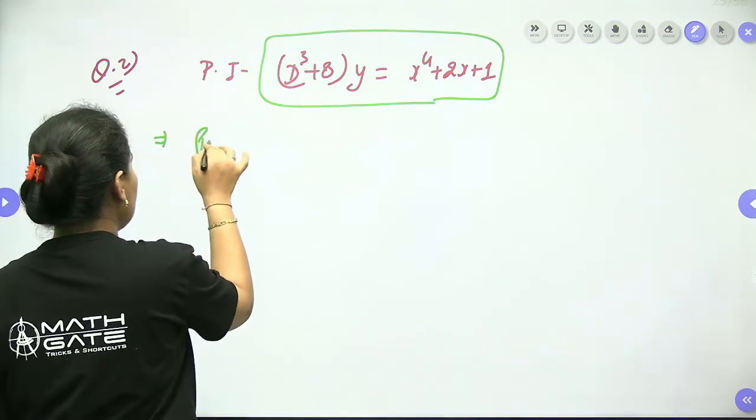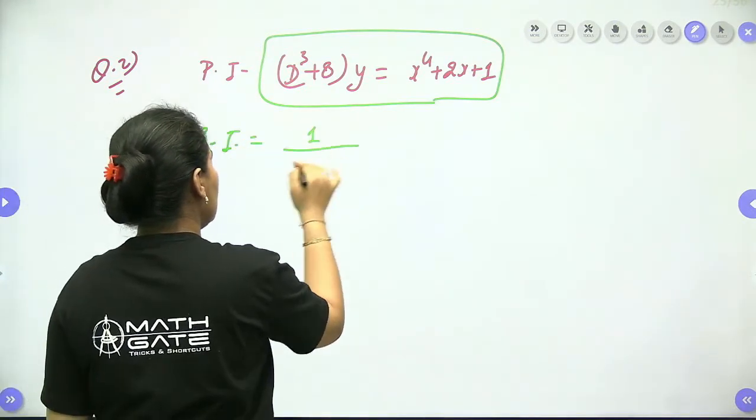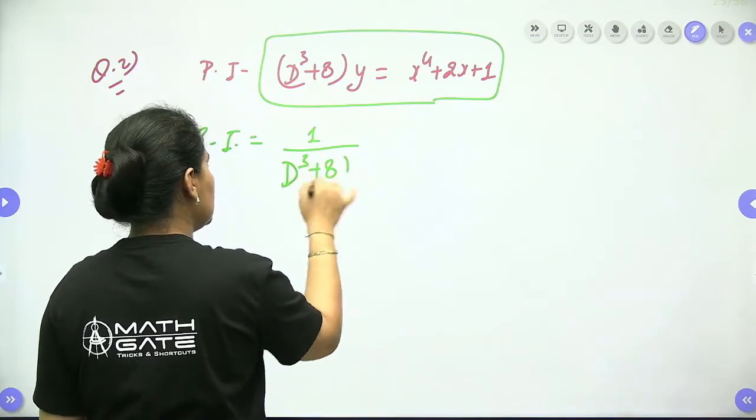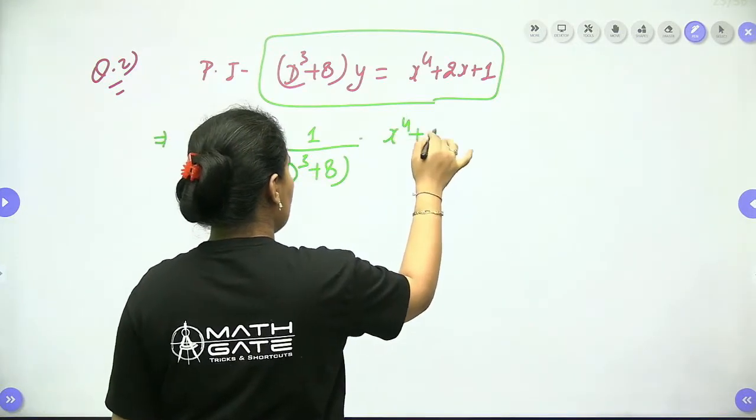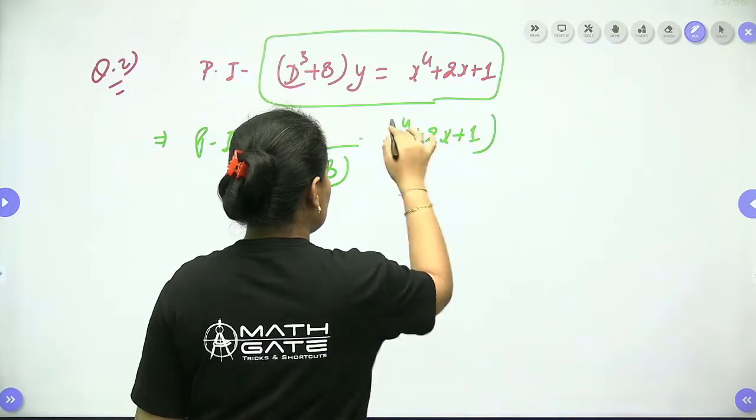So let's proceed here. The PI will be 1 by d cube plus 8 into x to the power 4 plus 2x plus 1 only.